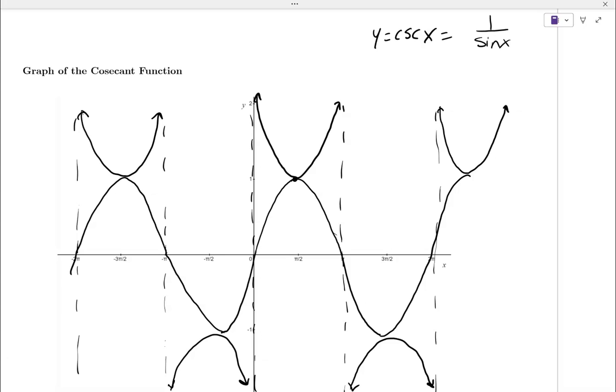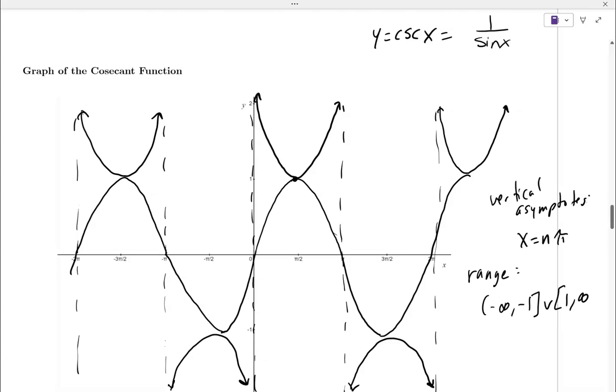So just to finish it off, let's write the important parts again. Our vertical asymptotes are the multiples of pi. The range here again looks like the range for the secant.